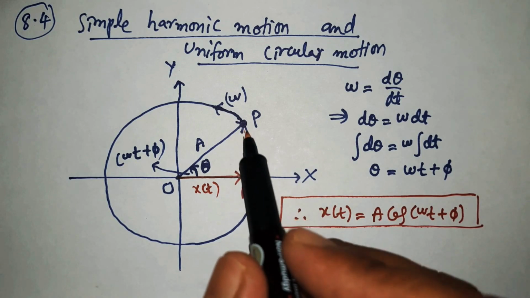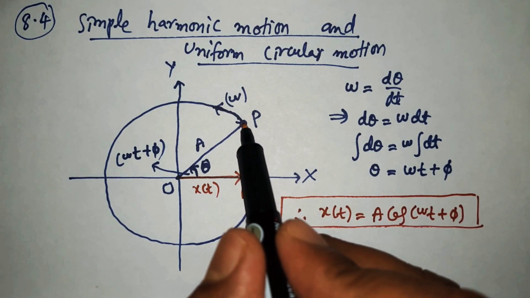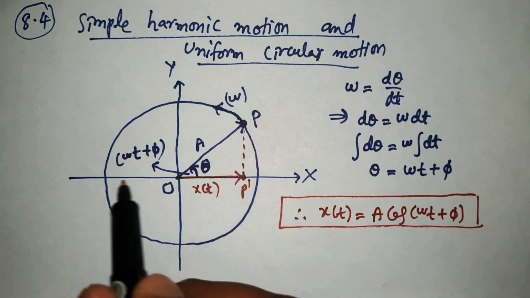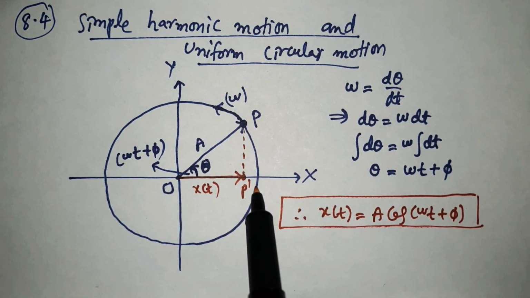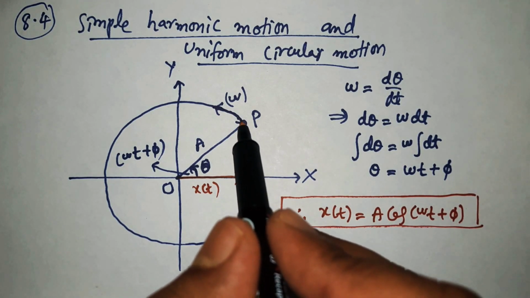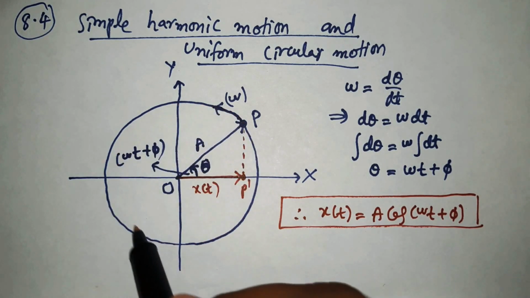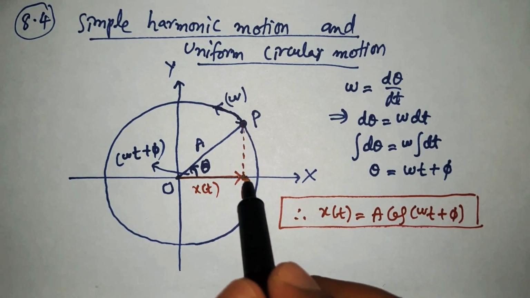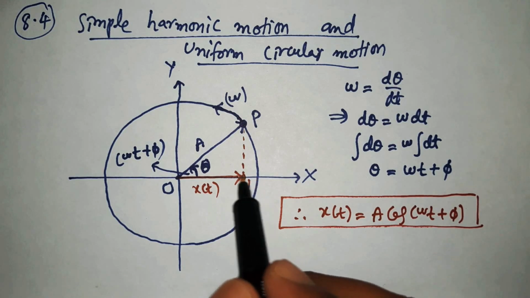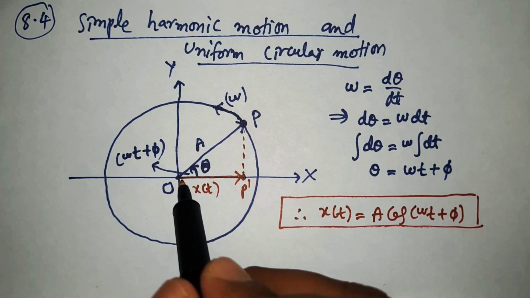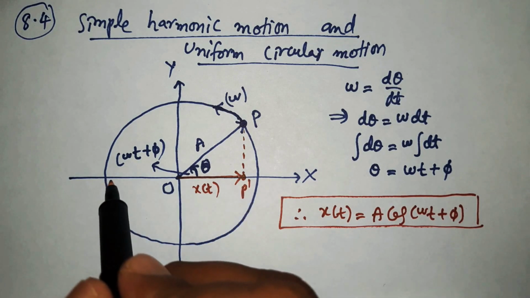So the projection of the position vector OP bar on the x-axis is OP dash. If P moves uniformly on a circle, its projection P dash moves to and fro about origin along the x-axis.